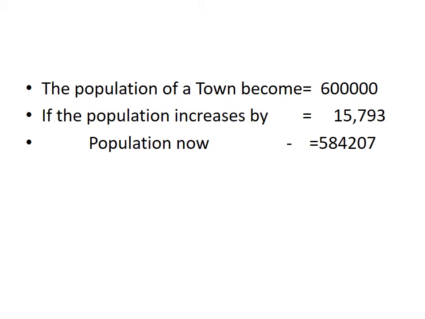Last number is 10. All are 9999. Right? 10 minus 3, 7. 9 minus 9, 0. 9 minus 7, 2. 9 minus 5, 4. 9 minus 1, 8 and 5. Answer is 584207.